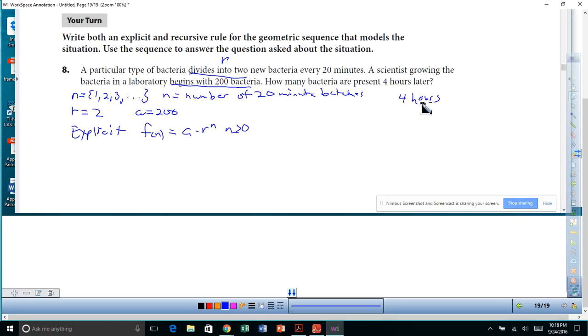How many 20 minutes? There are 3 20-minute periods in each hour. So 3 times 4 gives you 12, right? So F of N equals A times R to the N. A is 200 times 2 to the 12th power.